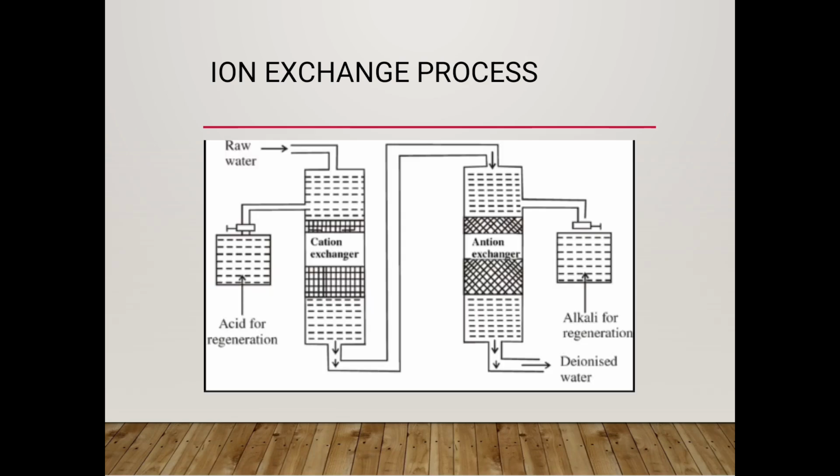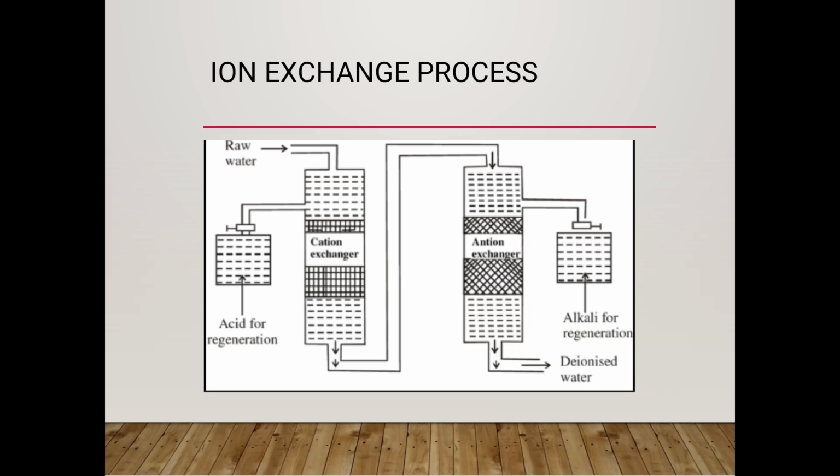Now this is the process diagram, where we can see the raw water entering the tank or cylinder, and here the cation exchanger is present. This cation exchanger removes ions like calcium and magnesium and replaces them with H plus ions.